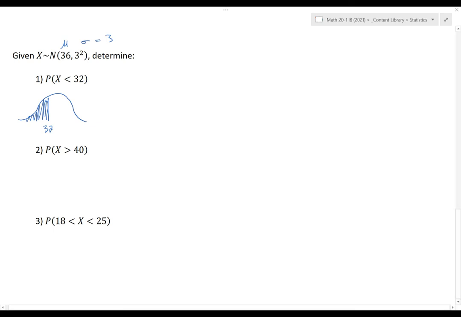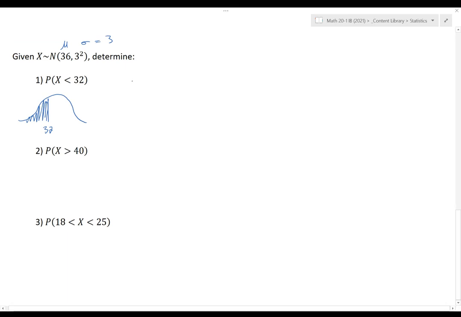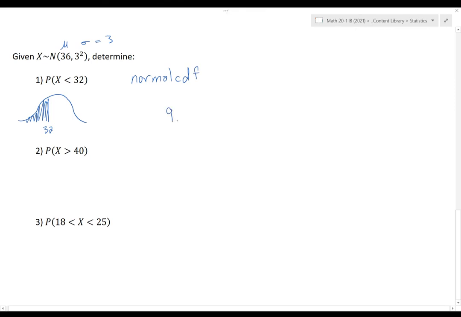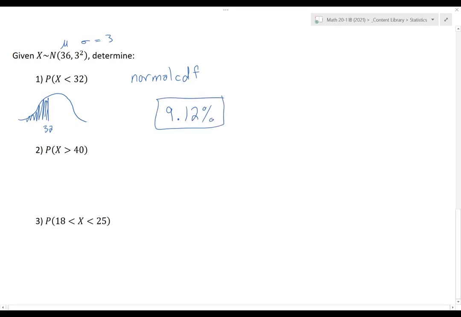So I'm going to use a lower bound just of 0. My upper bound is 32. The mean is 36 and the standard deviation is 3. So again, depending on your calculator, you'll enter those in a slightly different order, but you're always using normal CDF. And what we get here is about 0.0912. I'm going to give it as a percentage, 9.12% when I put it to 3 significant digits.